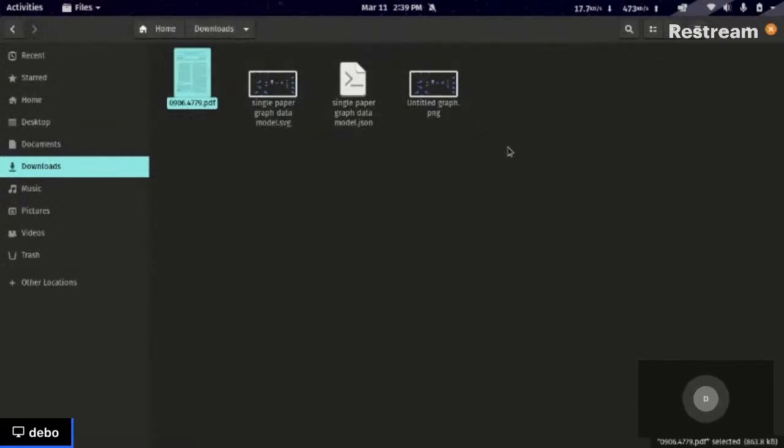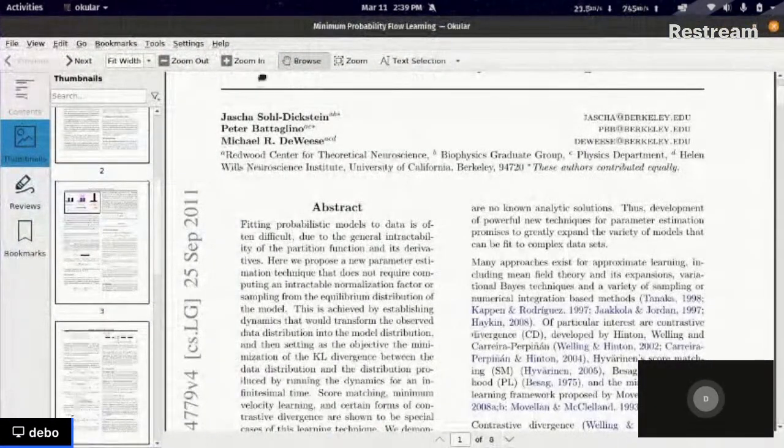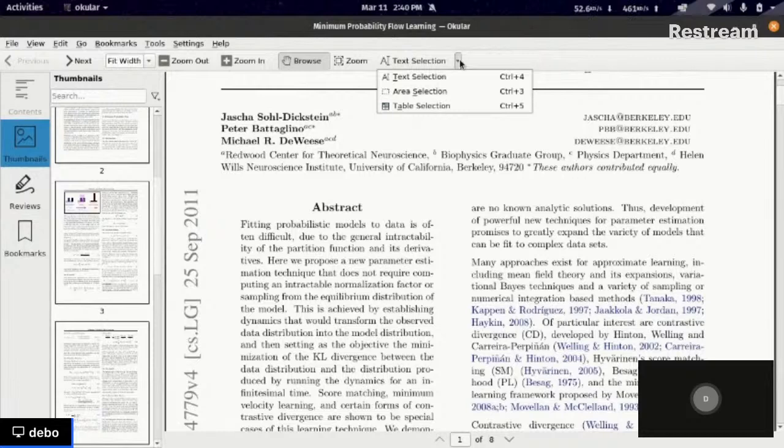Actually, Okular is an open source program which you can use for free. It's more similar to the Adobe PDF reader, but it has very nice features: you can highlight, zoom, select text, and everything you can do here.